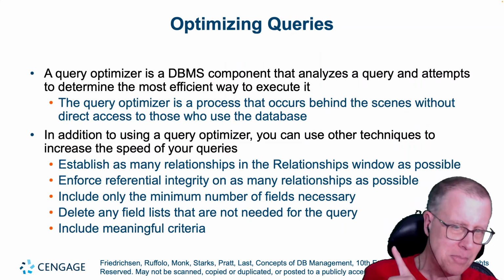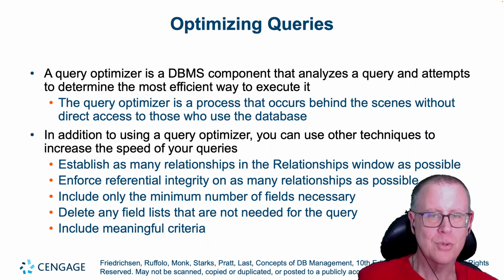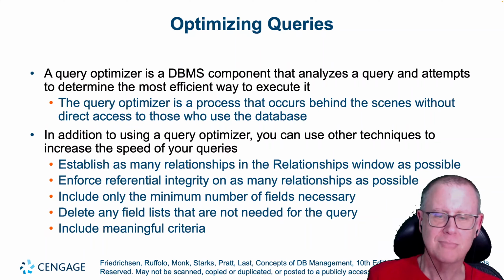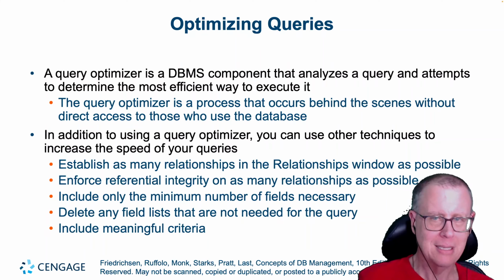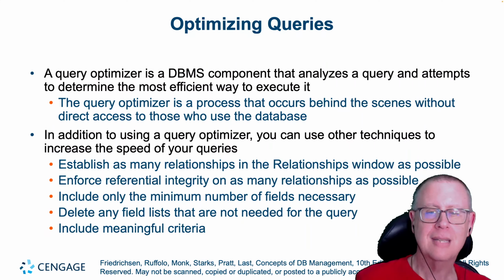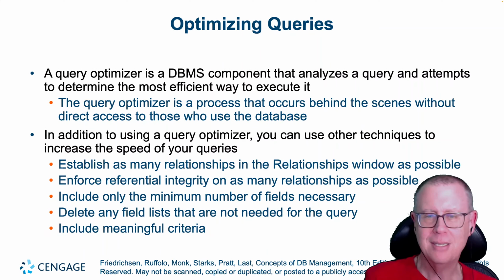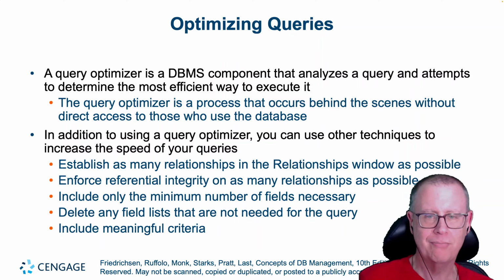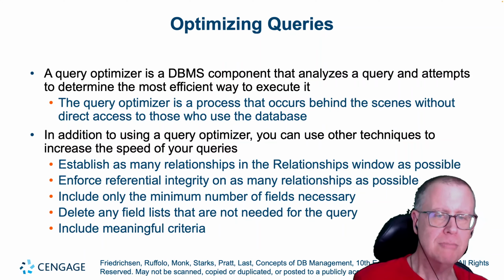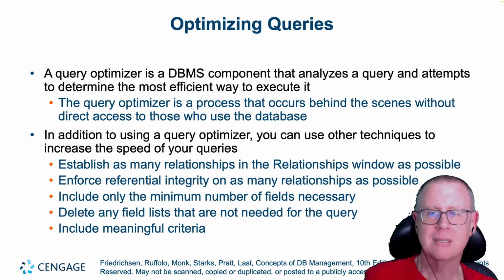Now there are some things you need to do for optimizing that don't get just done automatically. And for that case, there is a query optimizer. But in general, 80% of the time, you don't need it. 20% maybe you do, maybe 10%, maybe 5%.